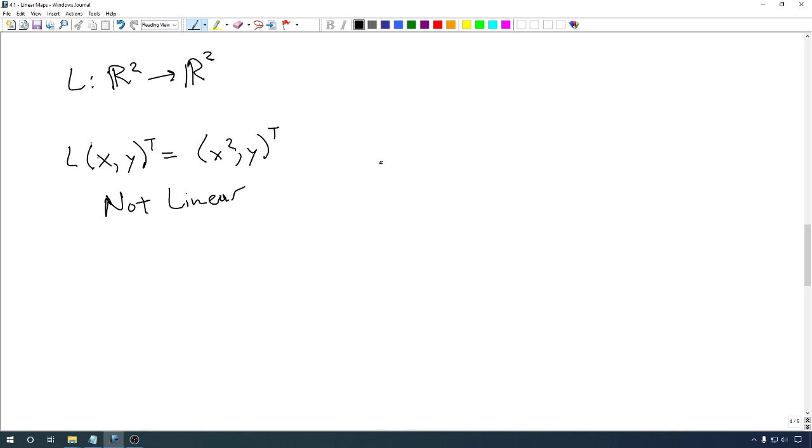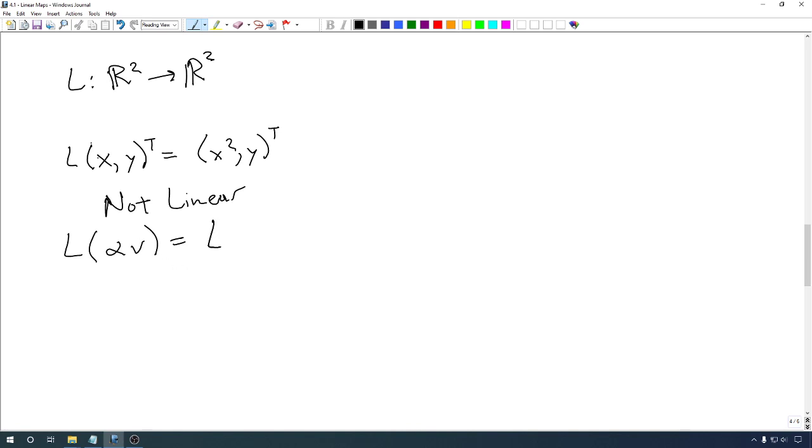Well, what would happen if we tried to take, like, say, v1 plus v2, or actually, let's look at scalar multiples. Let's say alpha times v, where v is a vector, so probably the vector (x, y), and alpha is just a scalar.